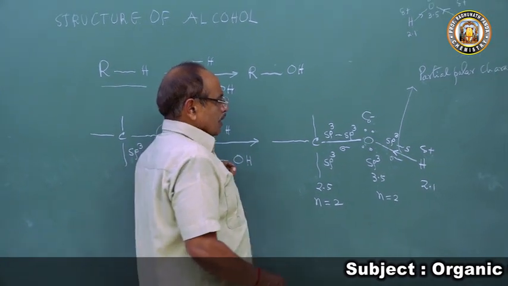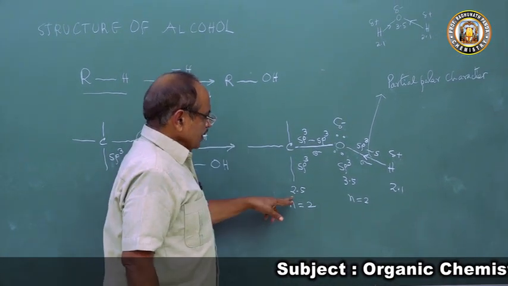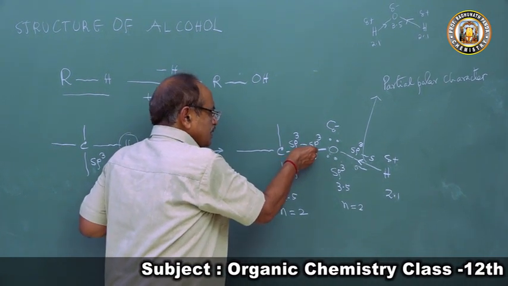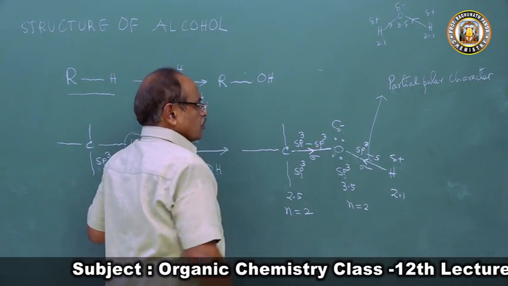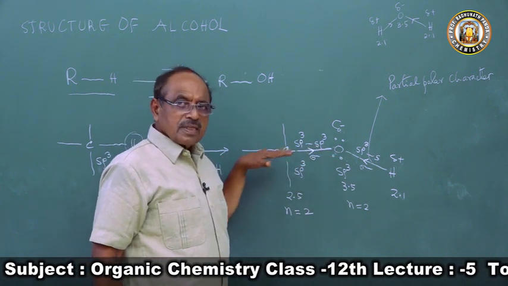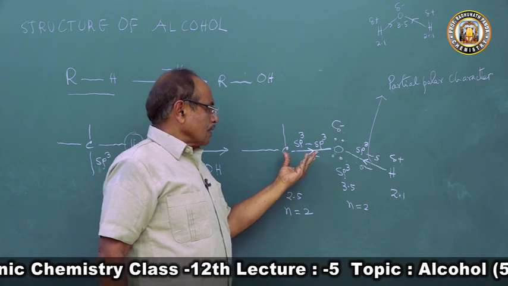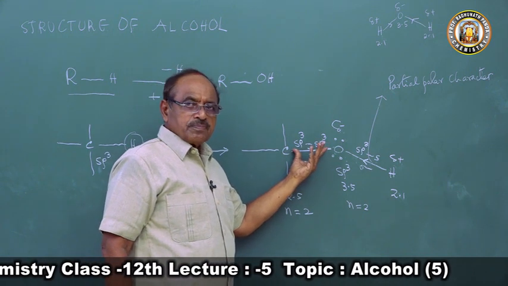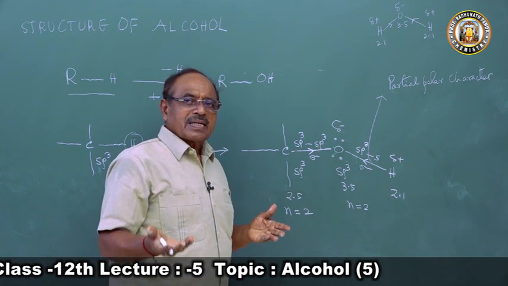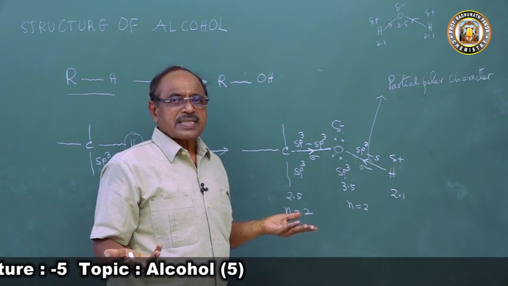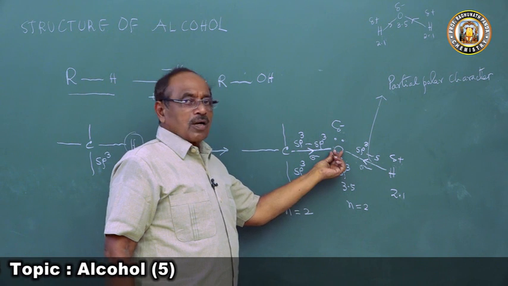What more? The electronegativity of carbon is 2.5, oxygen is 3.5. So there is always a drift of electrons towards oxygen, or the molecular orbital gets polarized permanently. You have done the inductive effect; it gets permanently polarized towards the oxygen atom.